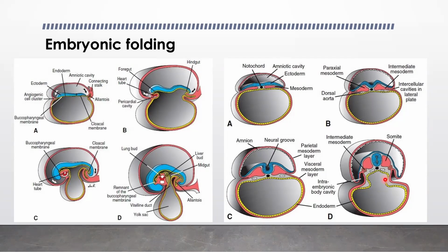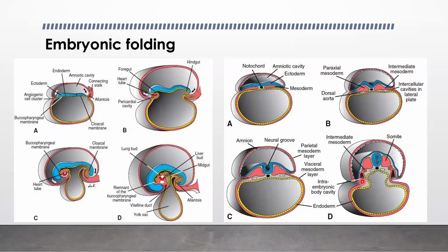The stomodeum, the mouth, the oral cavity, and the anus, the distal aspect of the cloaca, will have stratified squamous non-keratinized epithelium, while the lining epithelium, apart from the esophagus, which will have stratified squamous non-keratinized epithelium, the rest will have simple columnar epithelium. So that can help us to understand the origin of the lining epithelium.